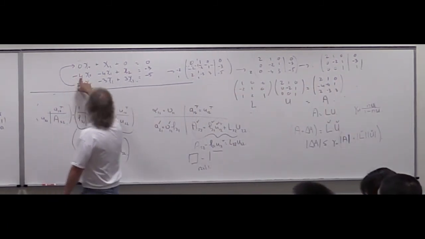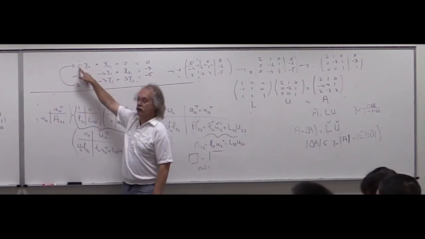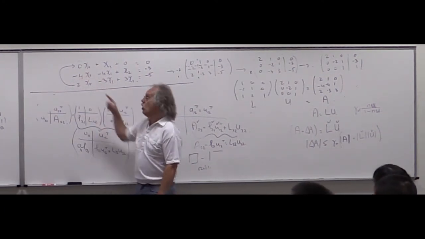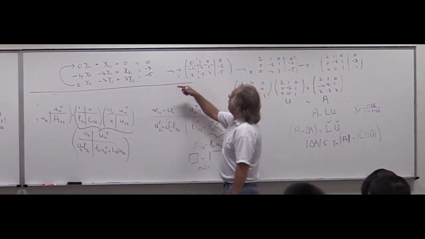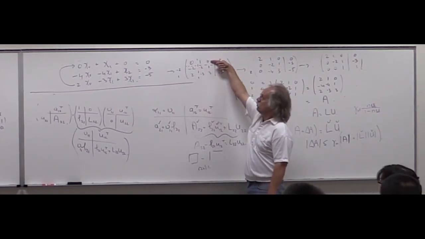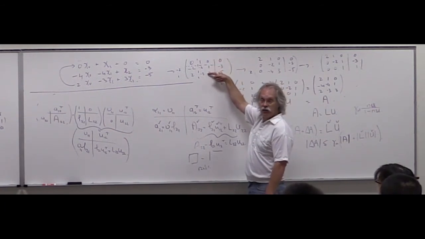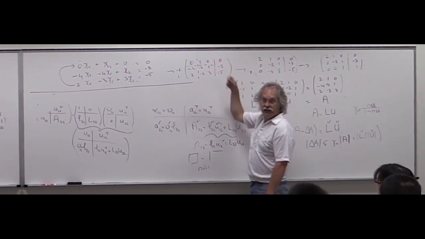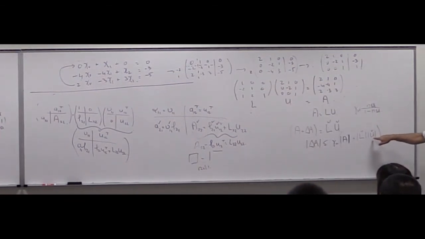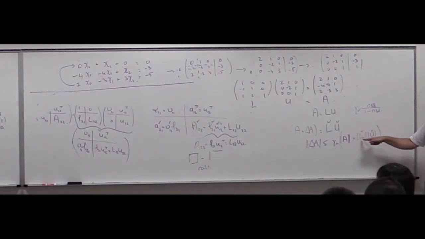There's a secondary effect. If we ended up with a very large multiplier because we divided by a very small number, what you would end up doing is take a very large multiple of the current row and add it to the other rows, right? And what that would do is create very large entries in your matrix U. So having a very large multiplier has the problem that it creates large entries in L, but along the way it also amplifies the entries in U. That's known as element growth.